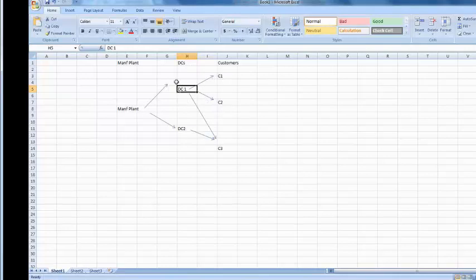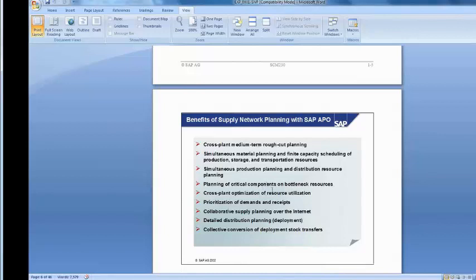In traditional MRP or ECC, since MRP is location-specific planning, we can plan either distribution in a DC or manufacturing and production. There is no simultaneous production and distribution planning. But in SNP, since we are planning the whole network, we can do production planning as well as distribution planning simultaneously. This is what it's talking about.